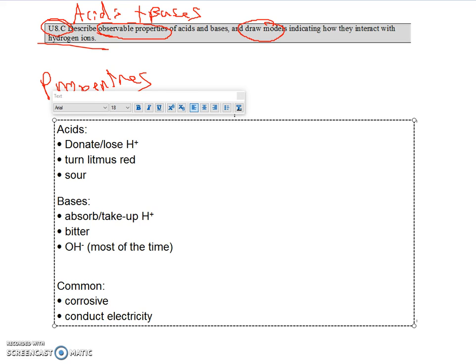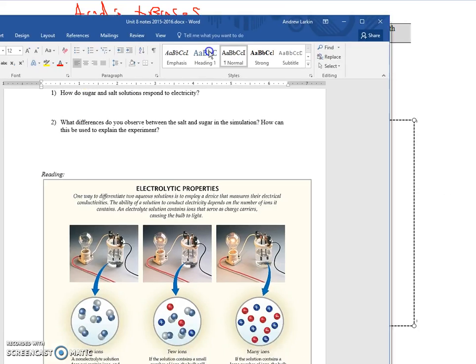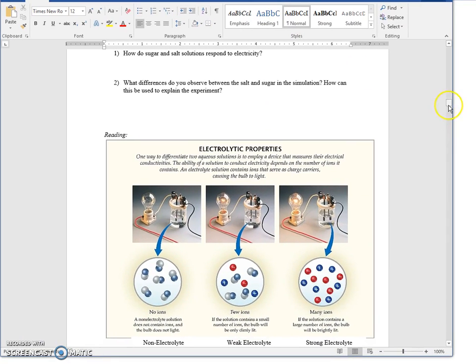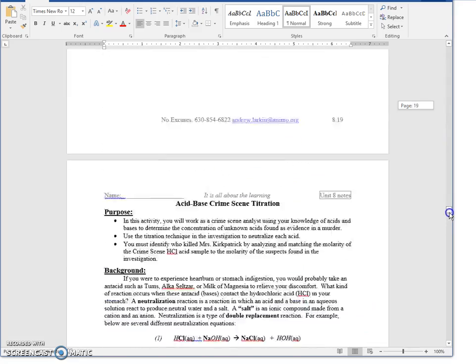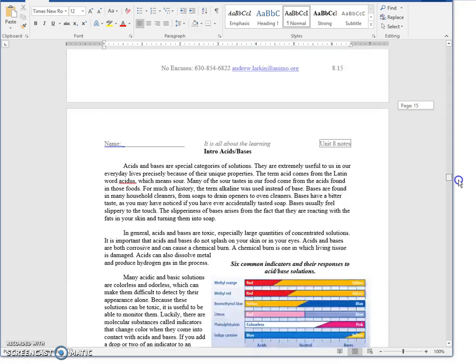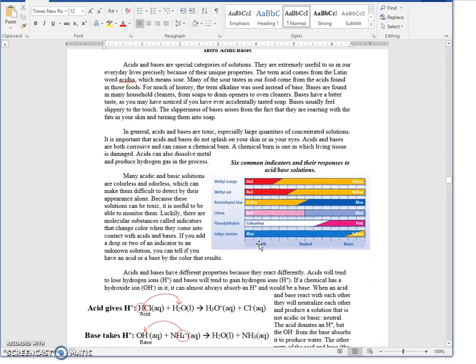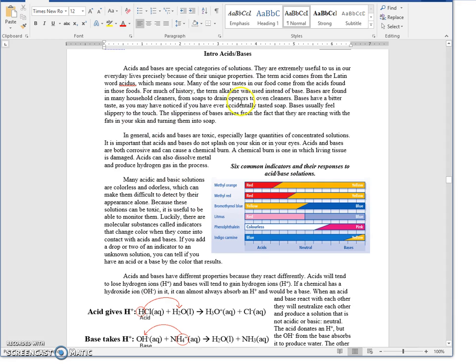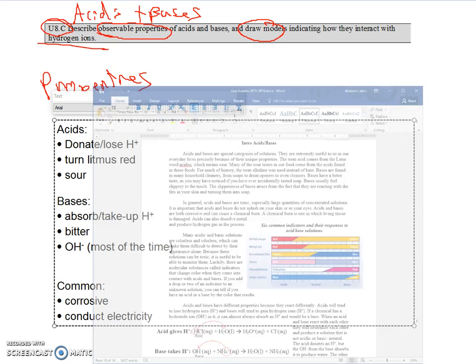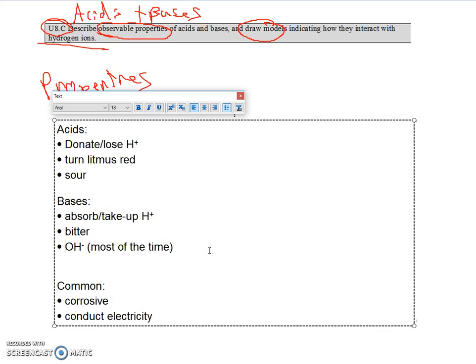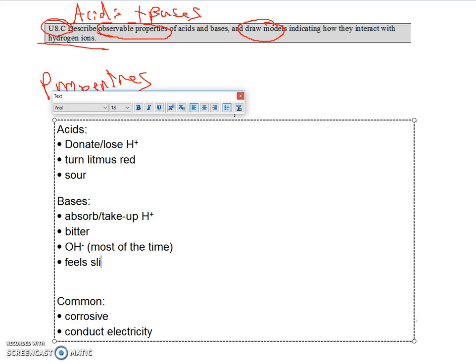A good place to look for this is in the reading, which let's find. It is on page 16. Oh, how they feel, right? Bases feel slippery.